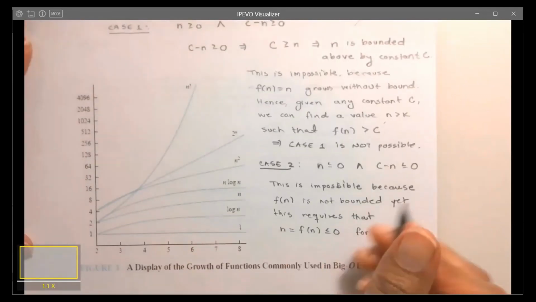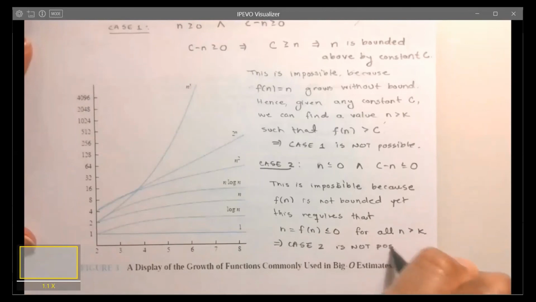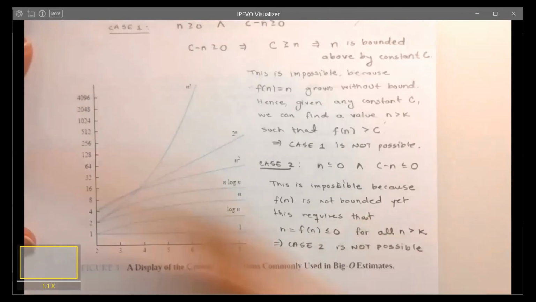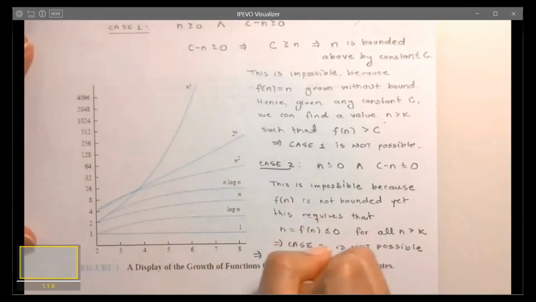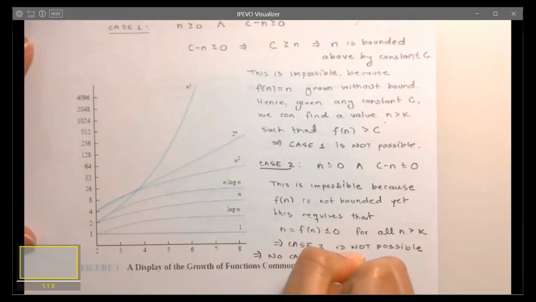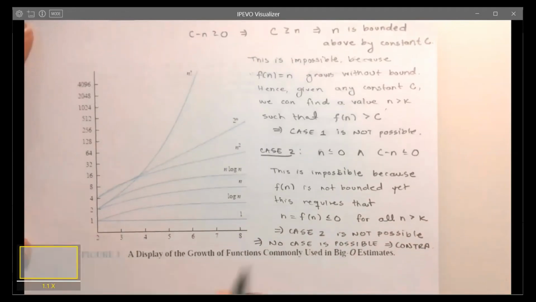So that's also a contradiction. Case 2 is not possible. So in other words, none of the cases are possible, which is a contradiction. So then we have that n squared is not big O of n.